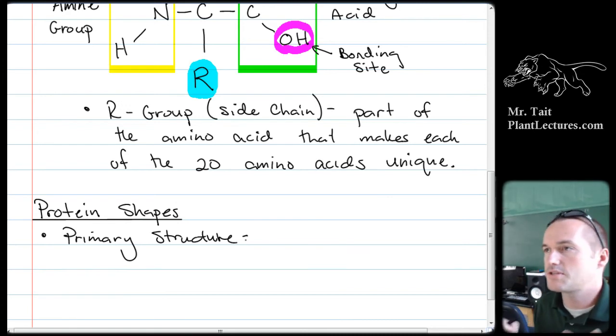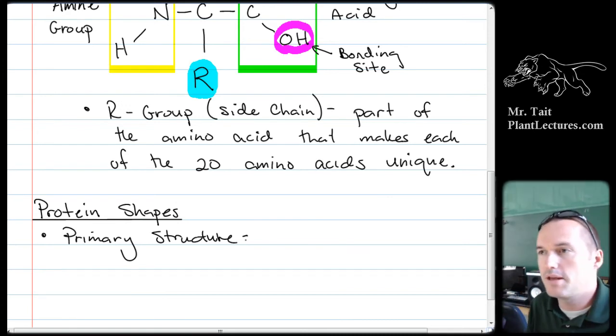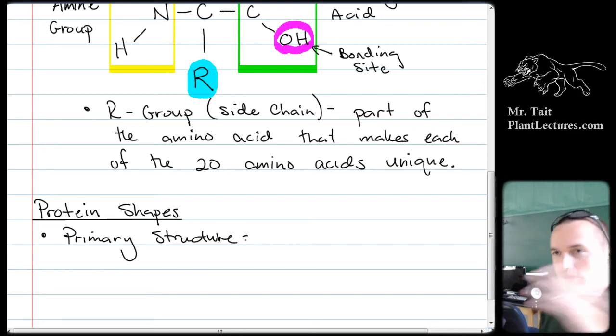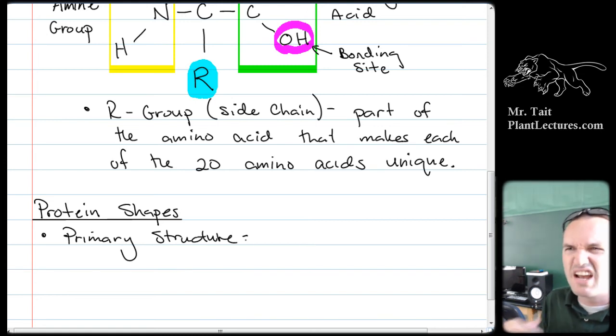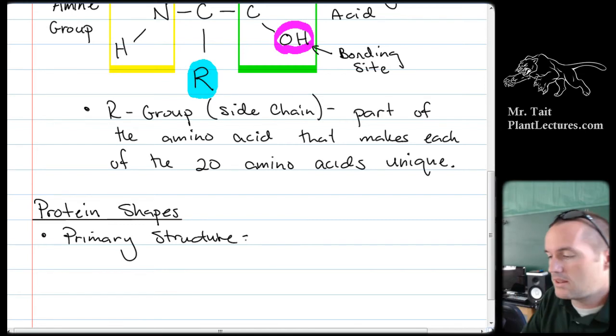The primary structure just refers to the order of the amino acids. Does it go lysine, glutamic acid, valine, or is it glutamic acid, valine, lysine? Right? And so the changing of that very first primary structure is going to have a very large role in determining the other structures in this amino acid.